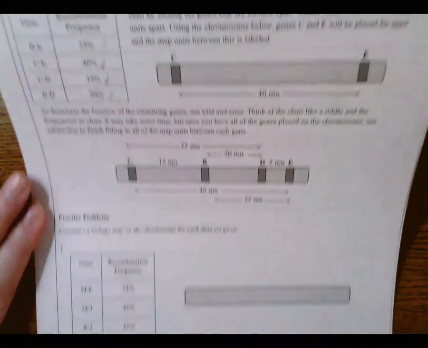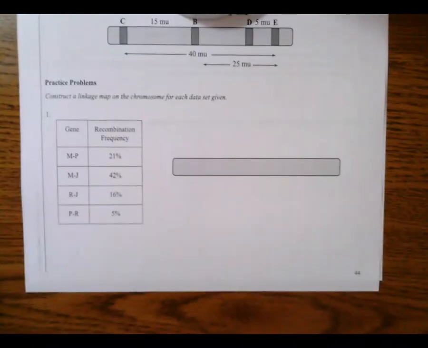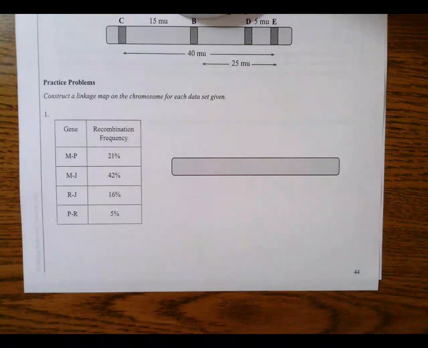Okay, I'm going to show you how to do it down here. Let me get my paper settled and situated. Come on. There we go. All right. So this one right here, it says construct a linkage map on the chromosome for each of the data sets given. So we have one set of data here with our genes, and we're going to start by looking at the one that is furthest apart.